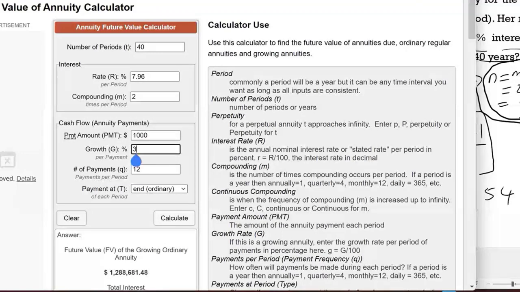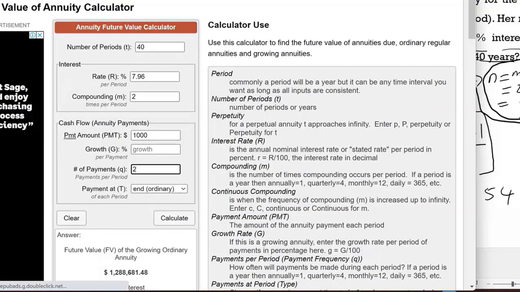We don't have any growth rate. The growth rate is when maybe you pay 200 per month, and at some point it increases. We don't need that. And then the payments are also compounding. Everything is compounding twice there.